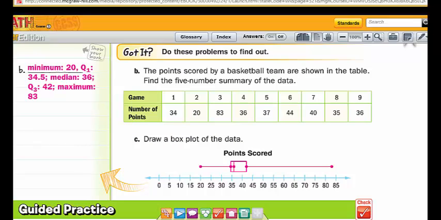And remember, we had 20, we had 34.5 right here, if I remember right. 36 was our median, and then we had 42 here, and of course out here we had the 83 for our maximum value.